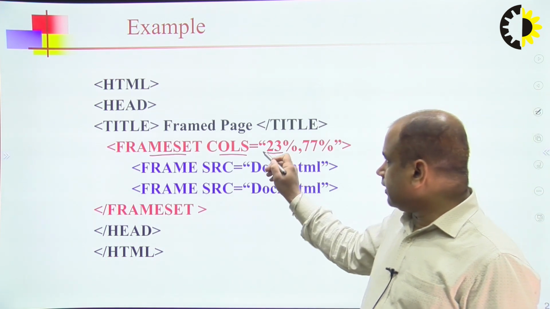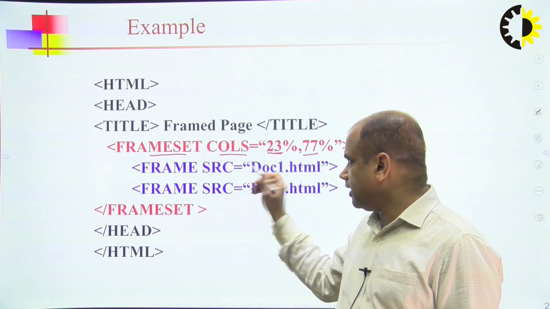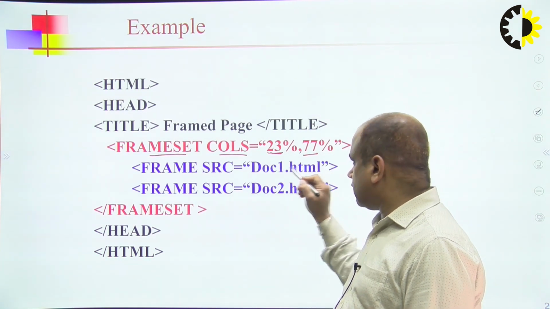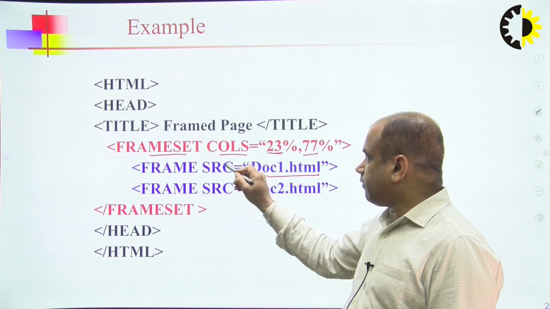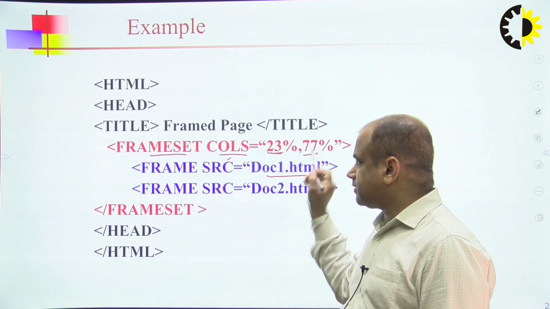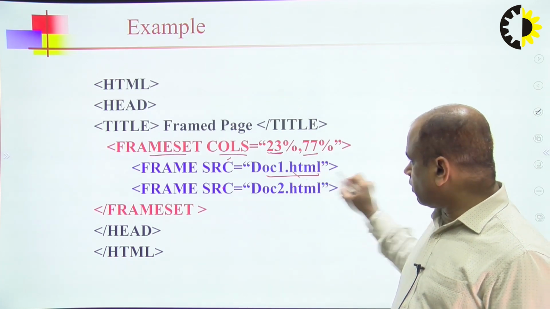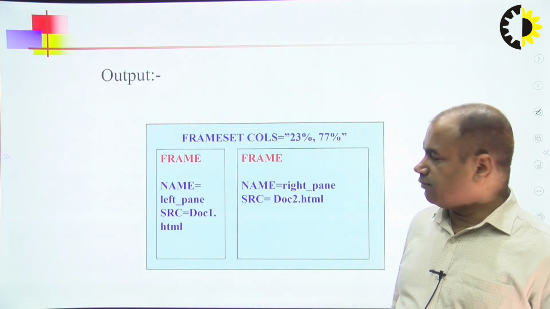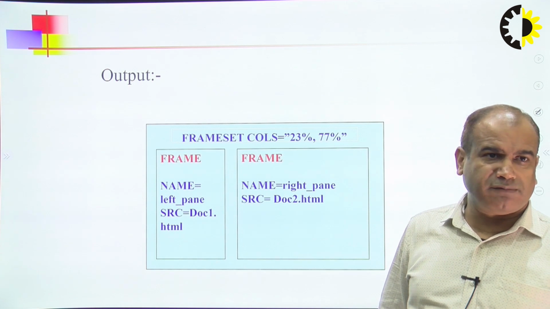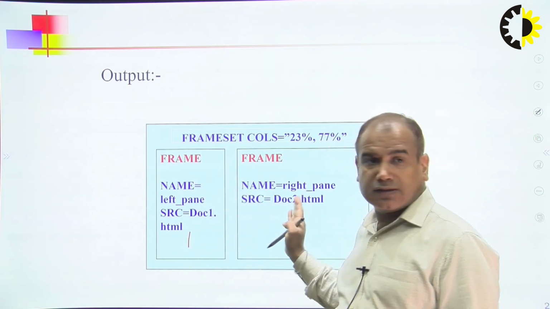So we divide into columns of 23% and 77%, and we give the frame src equal to a value that will appear in the first frame, and another that will appear in the second frame, and the frameset is closed. If a new document is created here, you will see the result: a frameset will appear this way, with 23% and 77%.